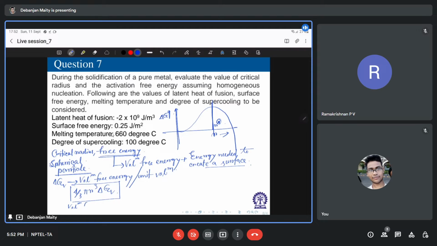So this is your volumetric free energy term, plus something associated with the surface energy. So if gamma is your surface energy per unit surface area, this will be 4 pi r square into gamma. Understood?